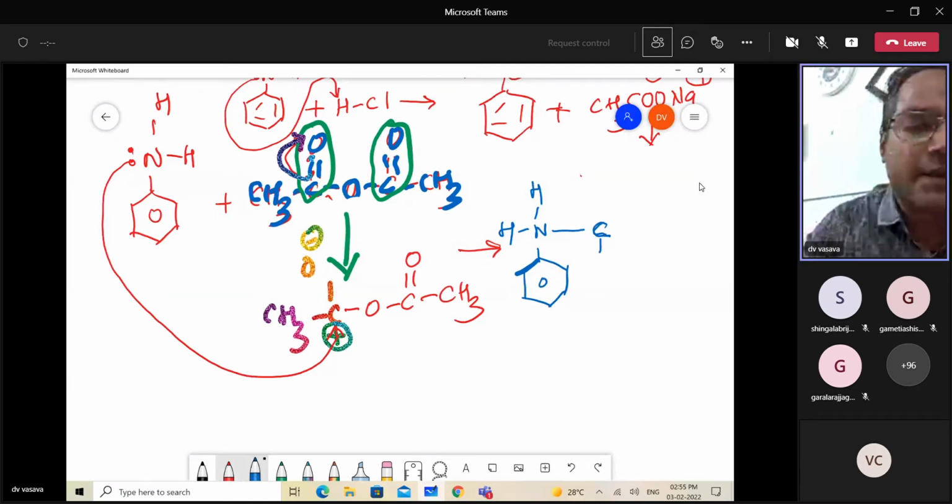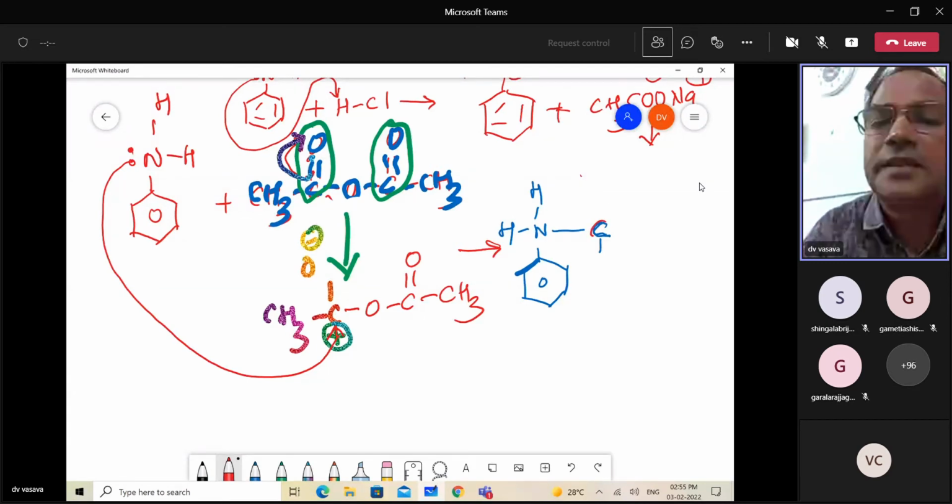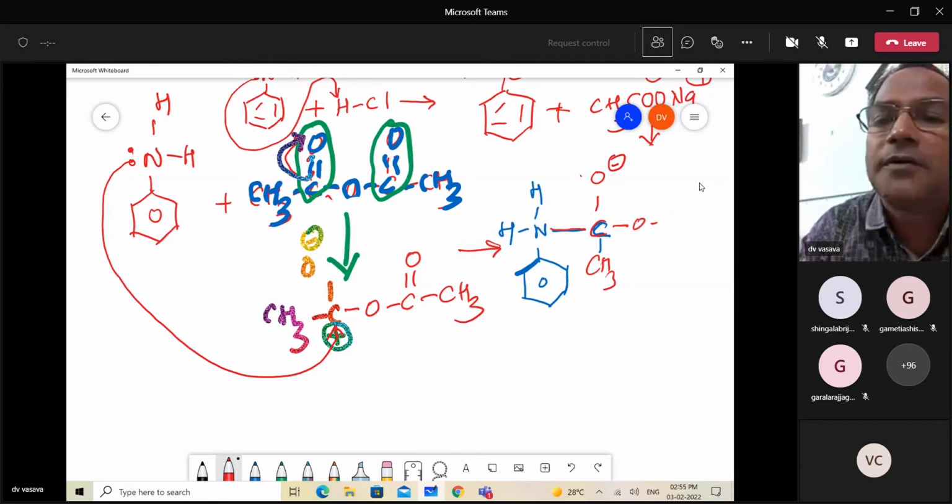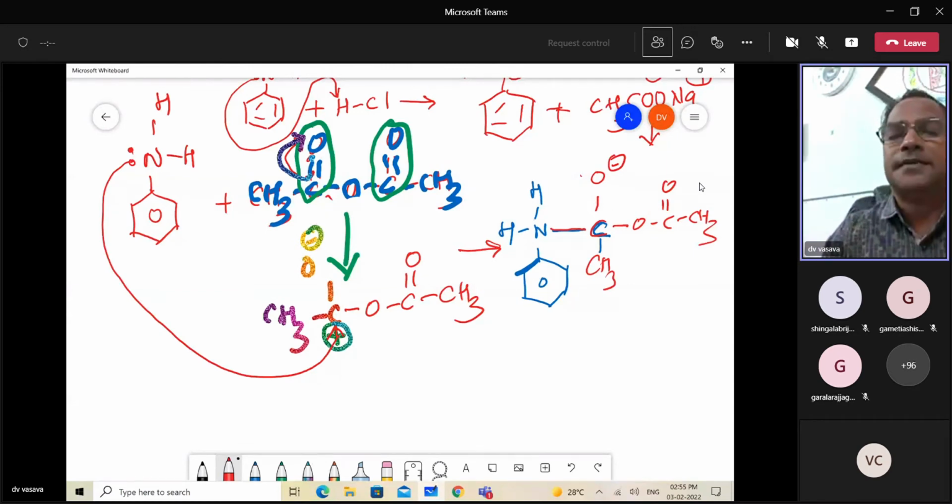I am showing with different colors. Here it was O minus and CH3, so I have written CH3, and what is left is O, C double bond O, CH3. This nitrogen has shared its electron, so now it is possible to put the positive charge.